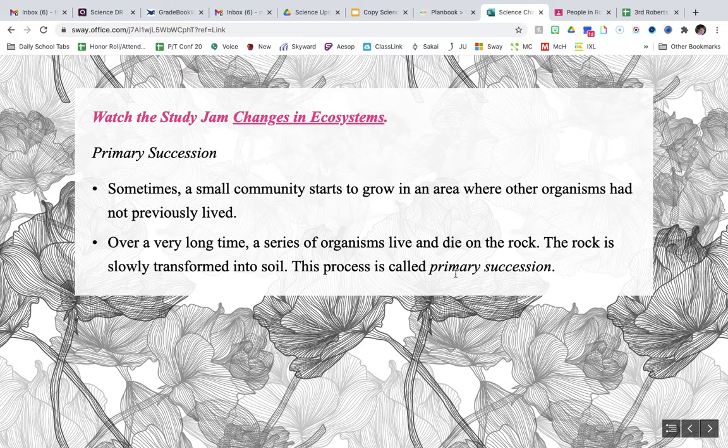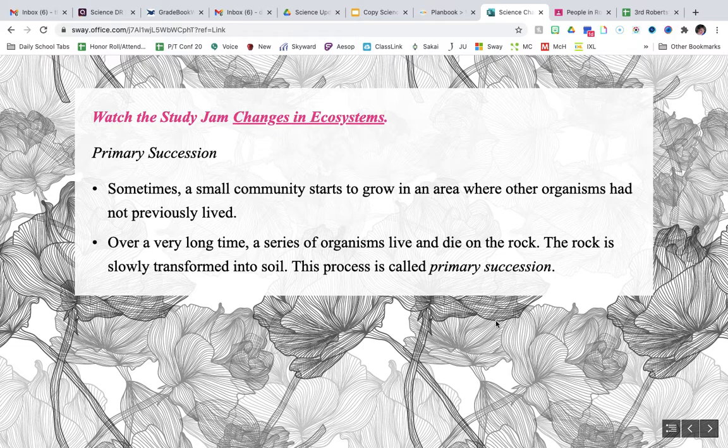So, the study jam showed you exactly what succession is, and it showed you the two types. So, let's go over those again. Sometimes a small community starts to grow in an area where there had been no other organisms previously living. And then over a very long time, a series of organisms live and die on the rock.